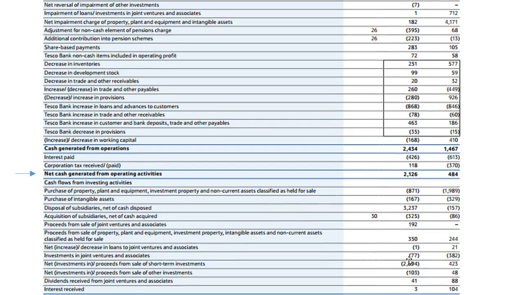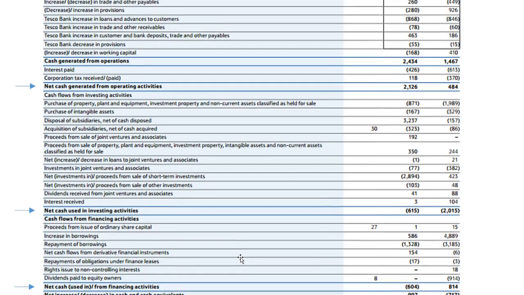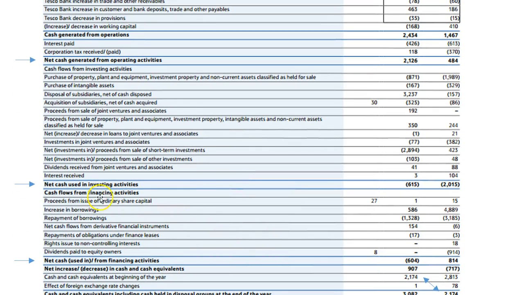So quite a lot of detail goes into the cash flow statement. Then net cash used in investing activities, we won't go into that here, but clearly they've been using up some cash in investment.